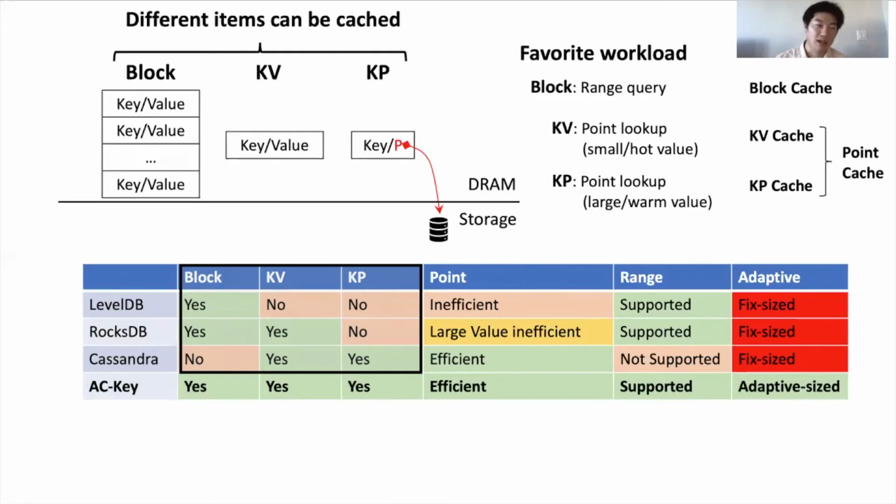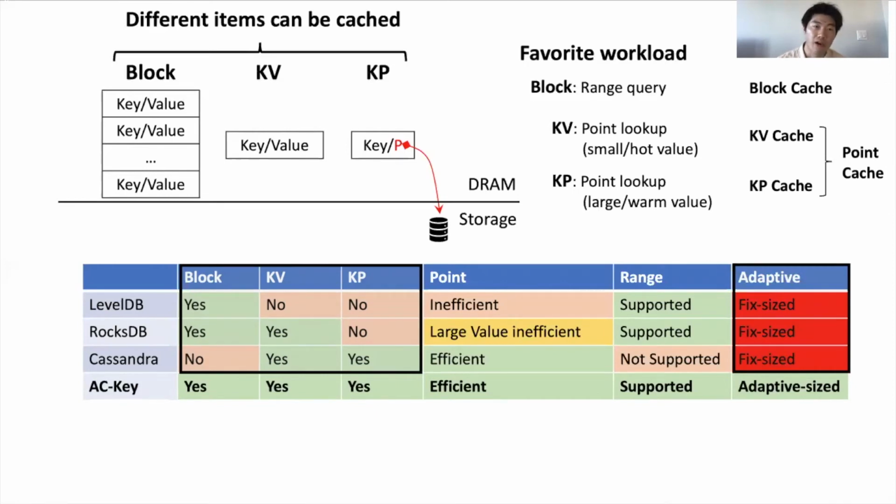On the other hand, Cassandra supports both the KV cache and KB cache, but KV and KB caches alone cannot support range queries.